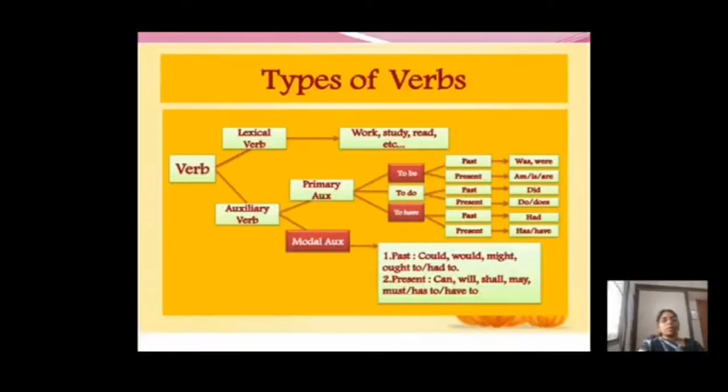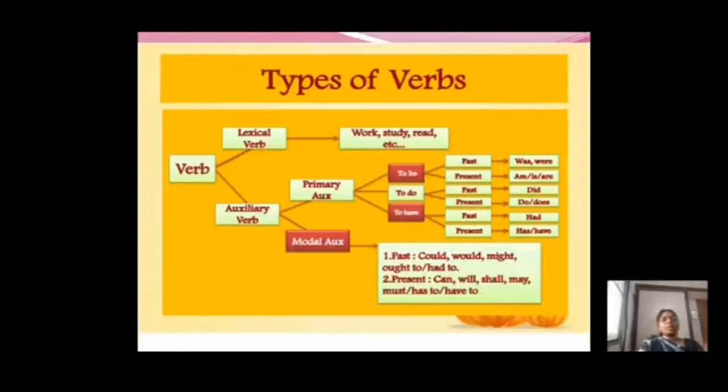Auxiliary verb is otherwise called helping verb. Lexical verb examples are work, study, read, etc. Whatever it is. Next, auxiliary verb, again it is divided into two. One is primary auxiliary verb and the other is modal auxiliary verb. Primary auxiliary verb is again divided into three sections: be verb, do verb and have verb.